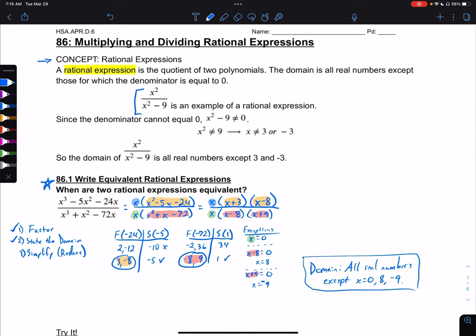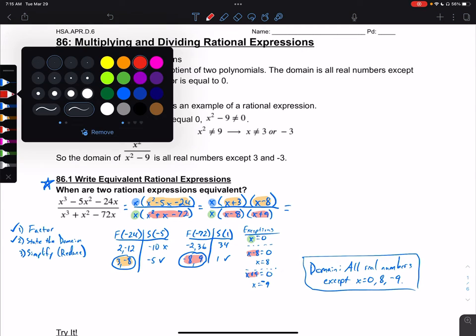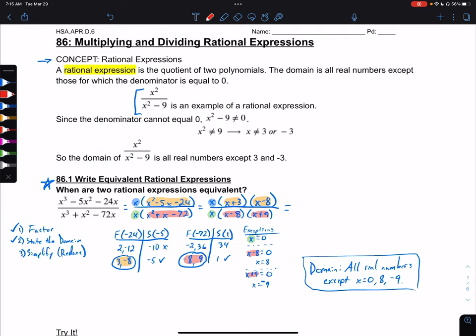All right, and then our final step, we just need to simplify or reduce. So if I look at this expression, I'm looking for groups that match up, or that pair up. In my numerator and in my denominator, I have an x value, so I can cancel these x's out. I can also cancel out the x minus 8 in the denominator as well as the numerator.